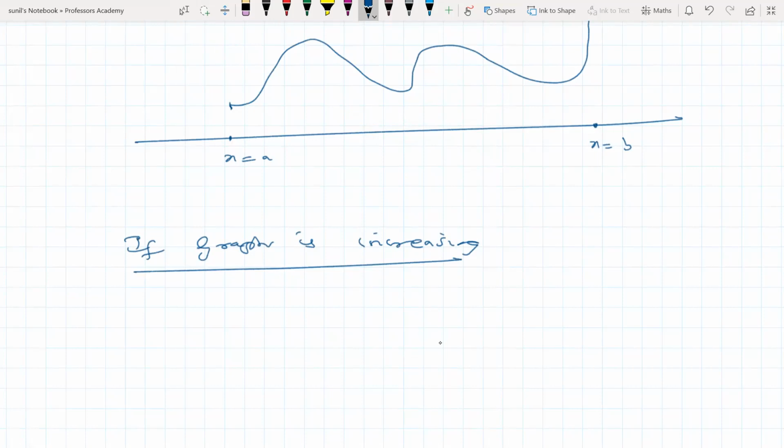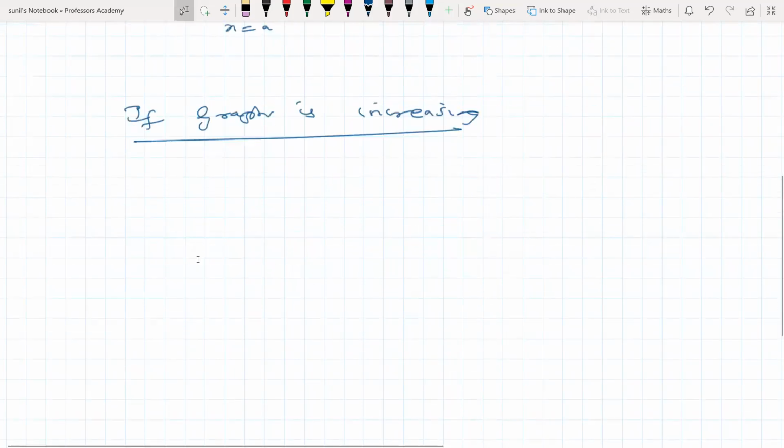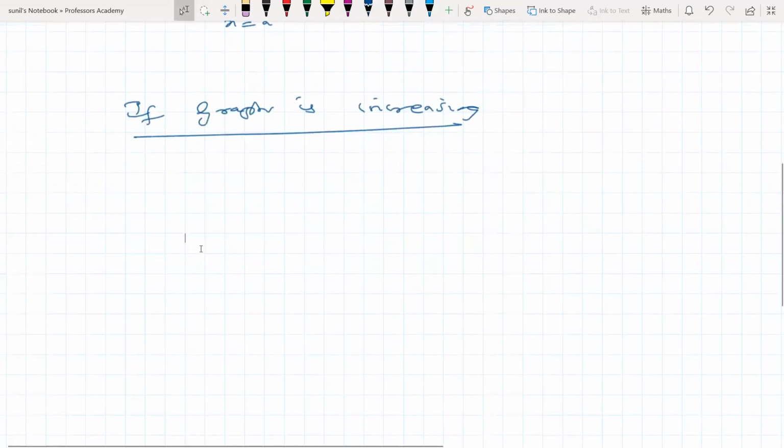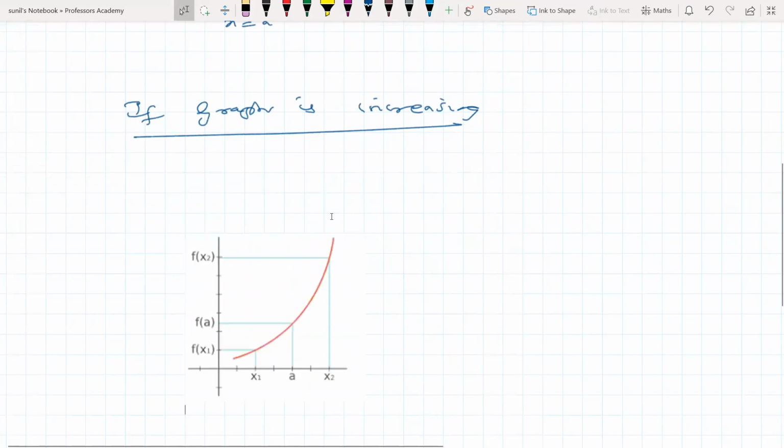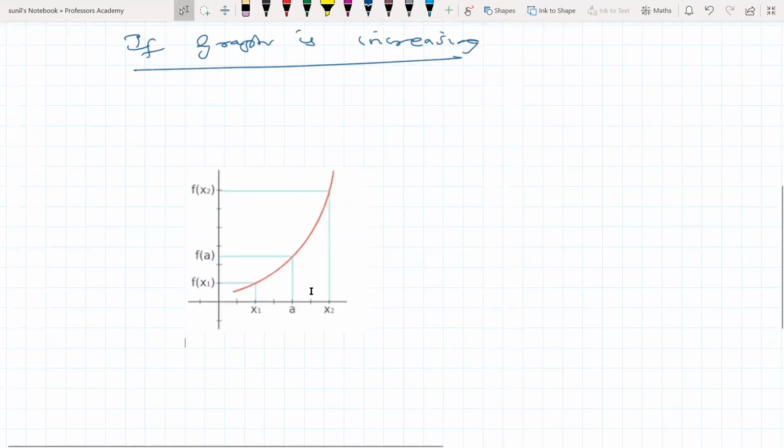Let me give one figure for that. The graph comes out something like this. You see, the graph is increasing means this is the situation.